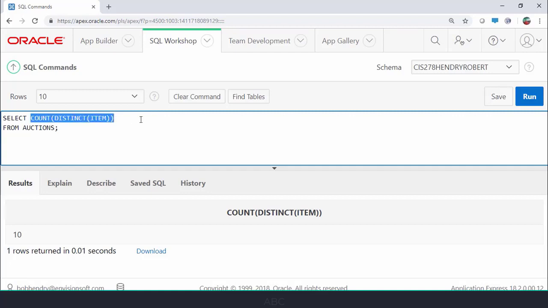How about we do select item, buy price, comma, sell price, comma, and we'll do the absolute value of the sell price minus the buy price.